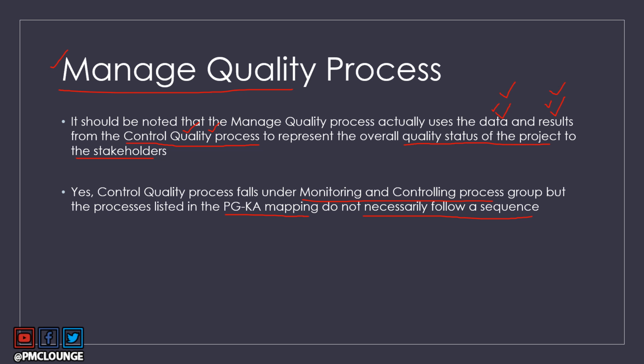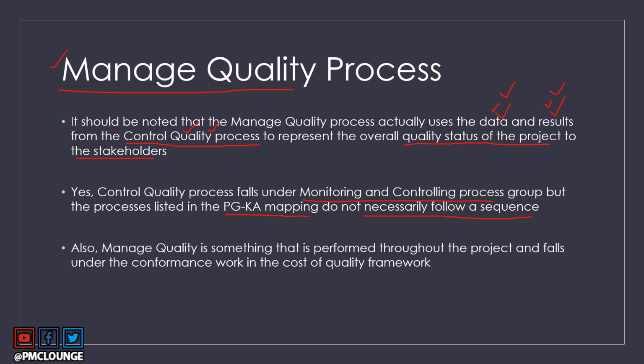Well, that's because the processes listed in PGKA mapping do not necessarily follow a sequence. In fact, managed quality is something that is performed throughout the project, right? So when you're performing certain processes in the initiating process group, you will not wait to reach the managed quality process to perform quality tasks, right?